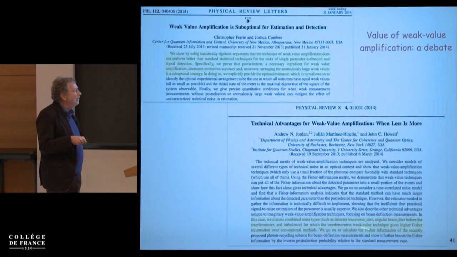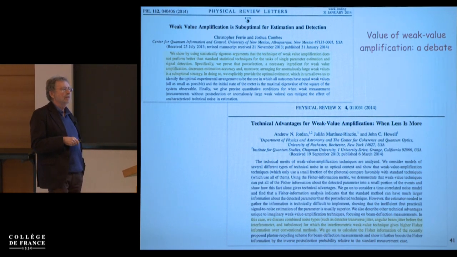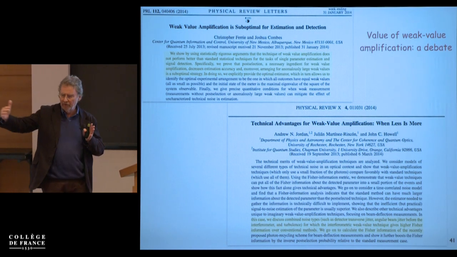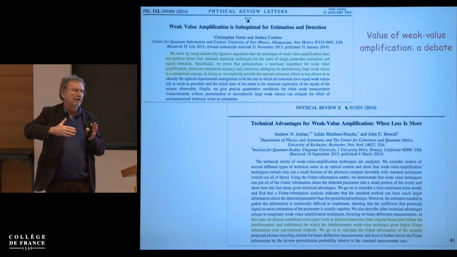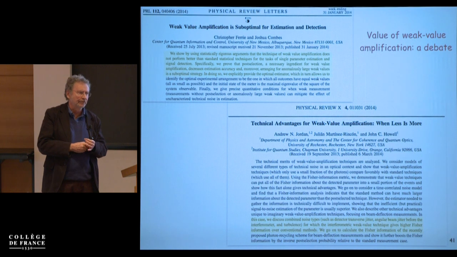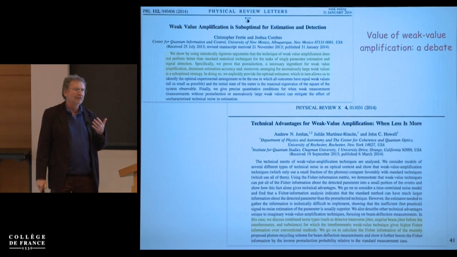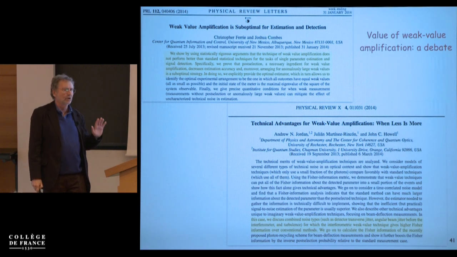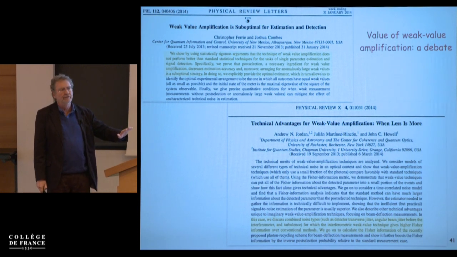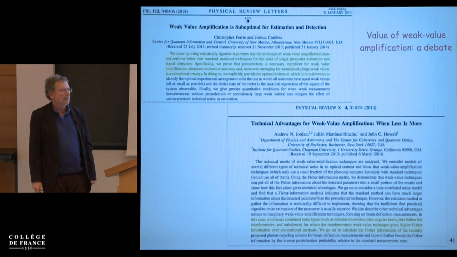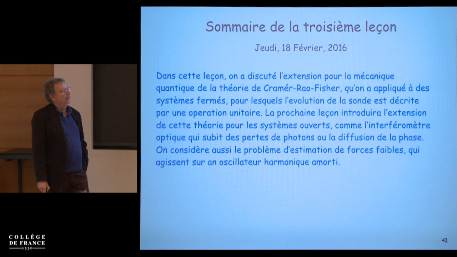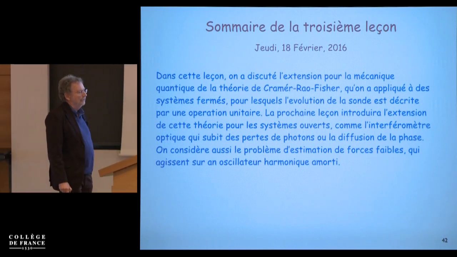And they say that in these cases, weak value amplification can be useful because you can shorten the path followed by the light and therefore reduce the errors due to these other effects. Okay? But the debate is still on. On the other hand, I hope I have shown you that quantum metrology gives us a firm stand on this analysis.